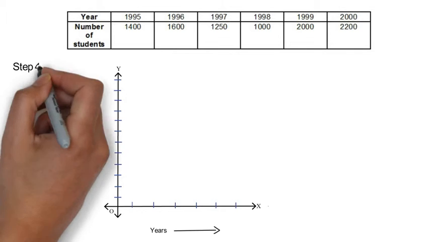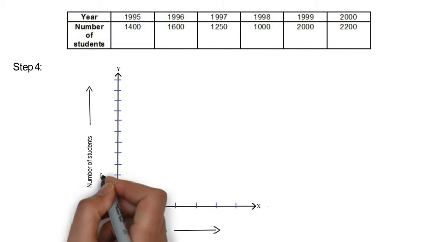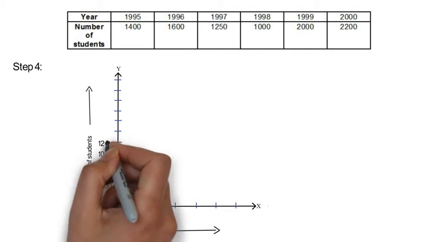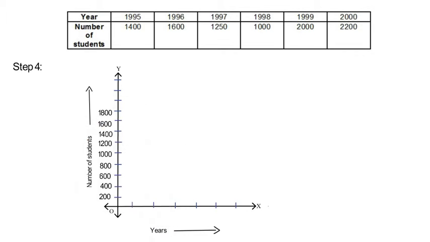In step number 4, choose a suitable scale to determine the height of the bar according to the availability of space. Here we choose one big division to represent 200 students.